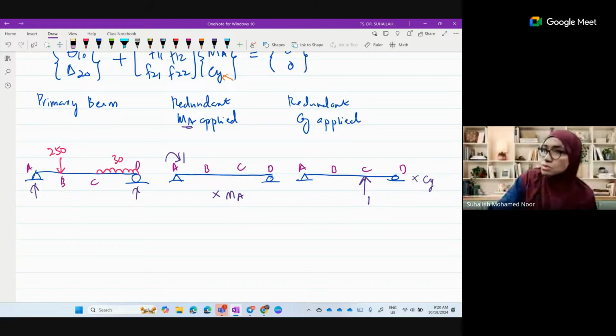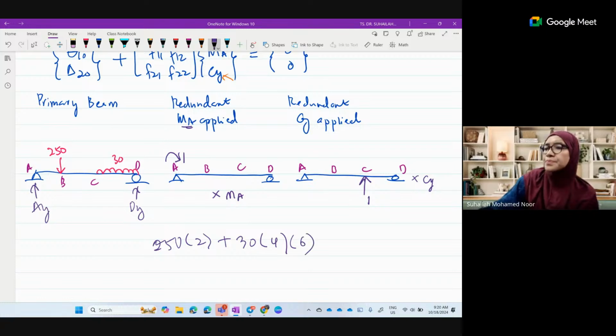Okay, so cuba kira reaction yang ni sekarang. Okay, AY and DY. Cuba kira. Kita nak cari AY dengan DY kan. Okay, so cuba kira nak cari DY, 250 kali dengan 2, lepas tu kita plus dengan 30 times 4, times jarak dia 6, minus 8 DY.